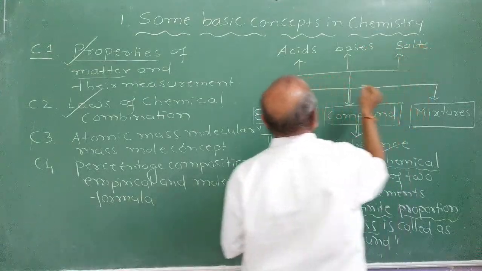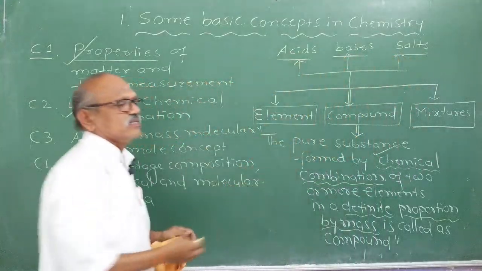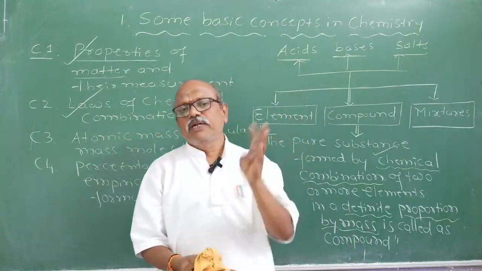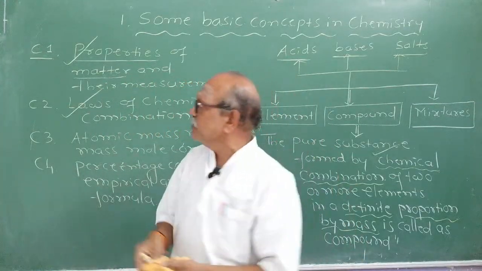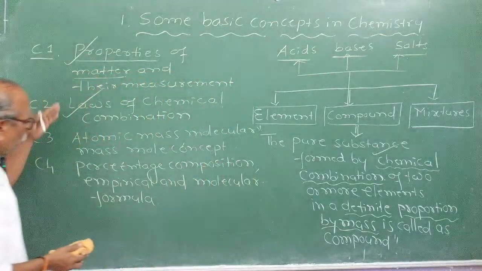Look here, these acids, bases, salts. Every acid, base, salt will have two properties. One is physical property, another one is chemical property. They are the properties of matter. Any matter you take, I hope you noted all these topics.